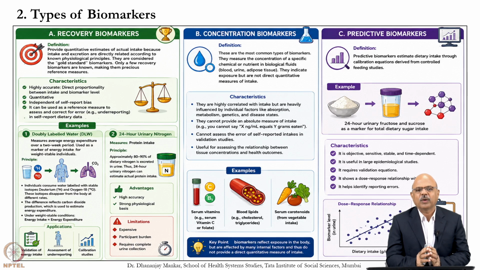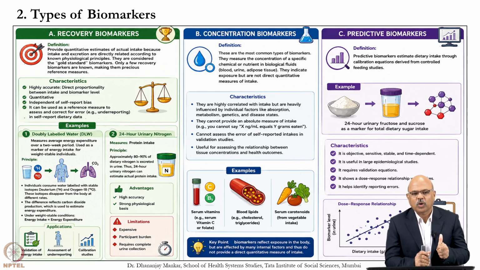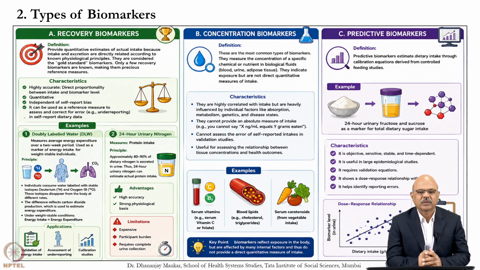The concentration biomarkers are highly correlated with intake but are heavily influenced by individual factors. The individual factors may be absorption, metabolism, genetics, and disease states. These are all the physiological conditions which give rise to this variation.